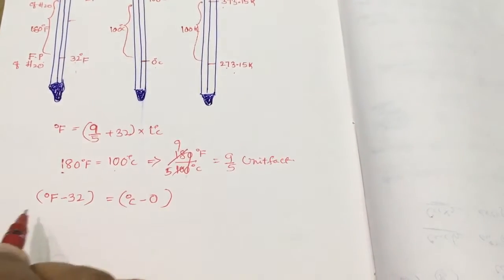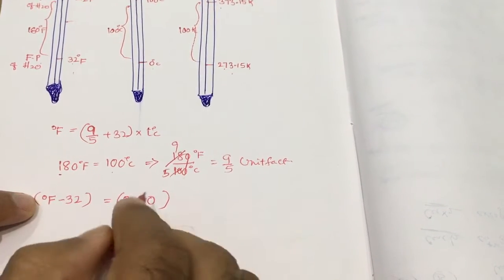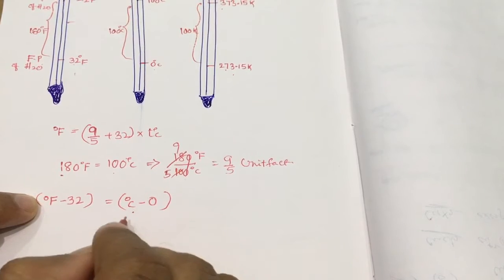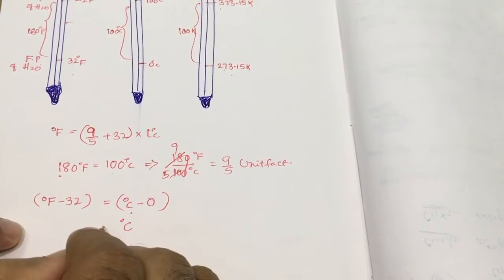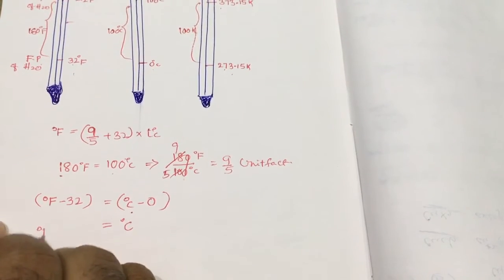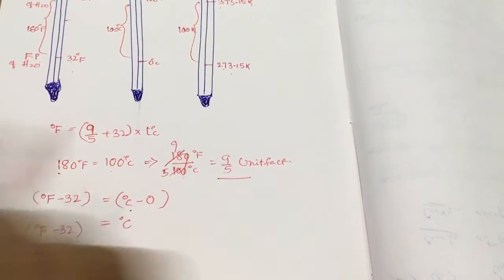Now we can convert into either degree Celsius or degree Fahrenheit. Some temperature minus 0, that is degree Celsius, no need to write 0, is equal to degree Fahrenheit minus 32. Now we have to use the unit factor.